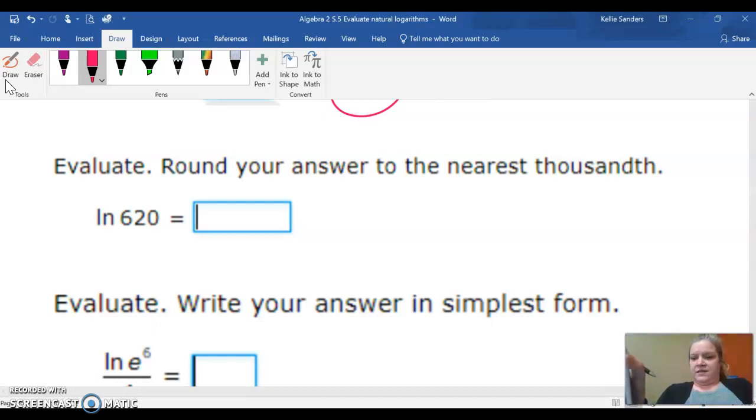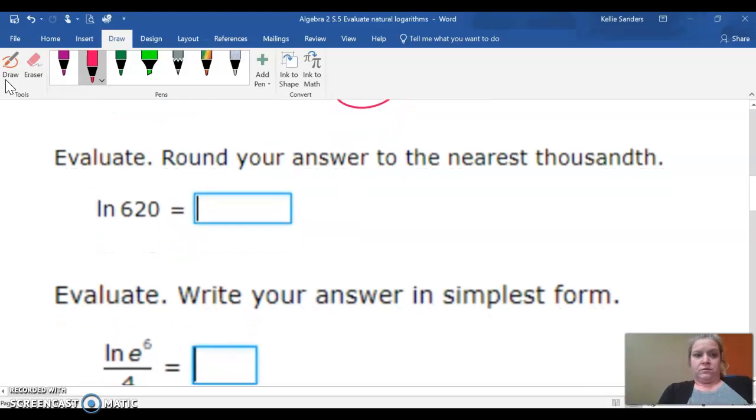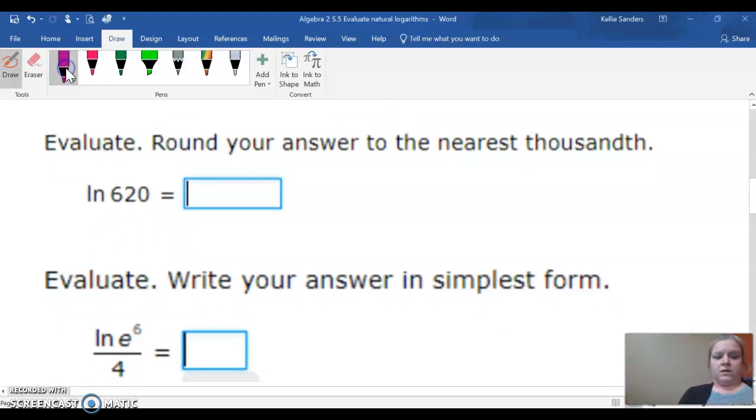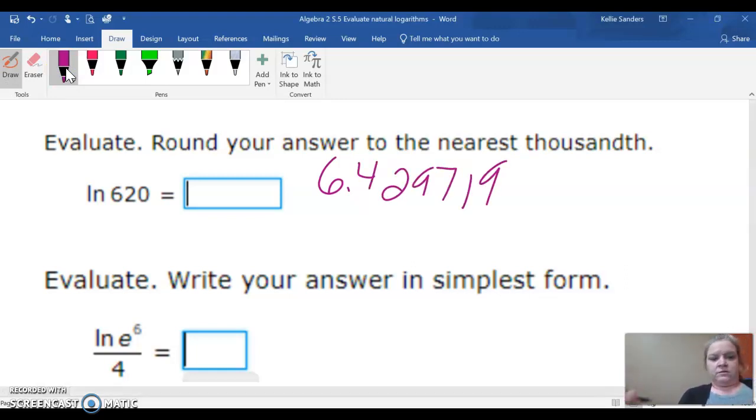So on these, the natural log button, here's the second button, the green button. Underneath it is log, and underneath it is natural log. So just go natural log 620 equals, and it's 6 point 429719, on and on and on, and we're on to the nearest thousandth.